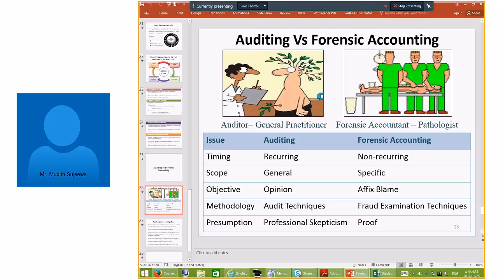So you have to use professional skepticism. Here you want to use the proof, evidences. You should prove that in case of forensic accountant. Otherwise, how do you say the fraud is there, right? So this is the difference between audit and forensic accounting.